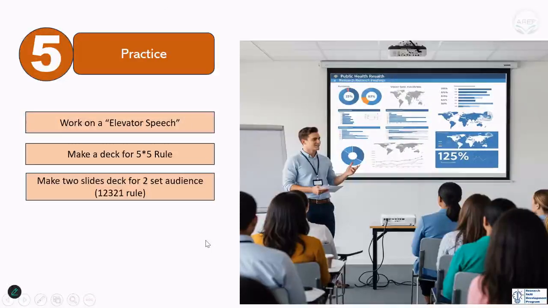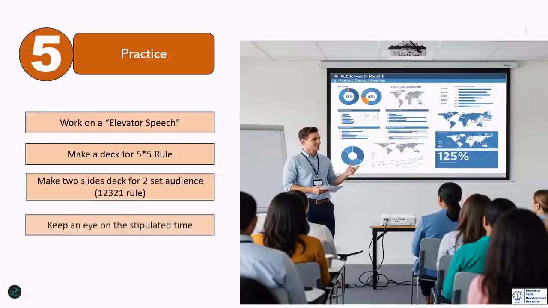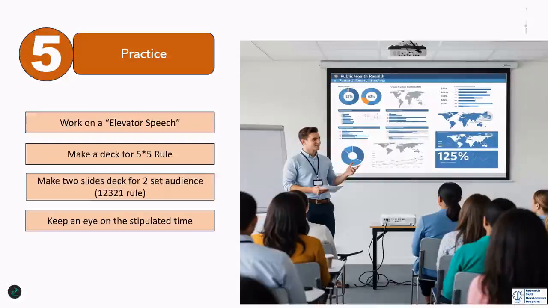Okay, so that's the 1, 2, 3, 2, 1 rule, which will give you additional time management while you make your presentation during any conference, review meeting, or progress report of your PhD. Always keep an eye on the stipulated time given to you.